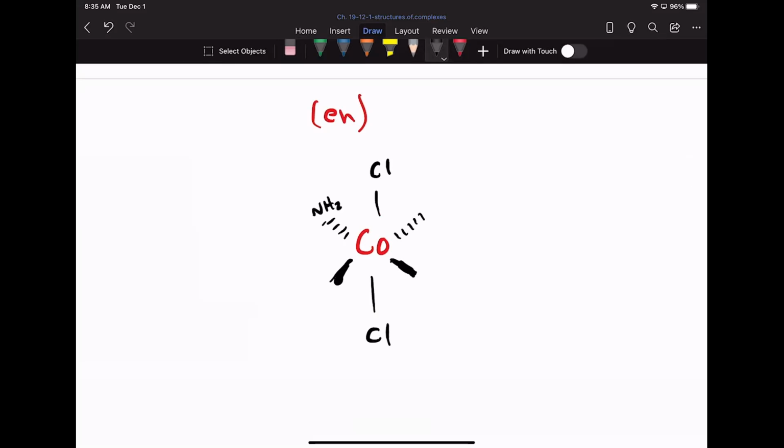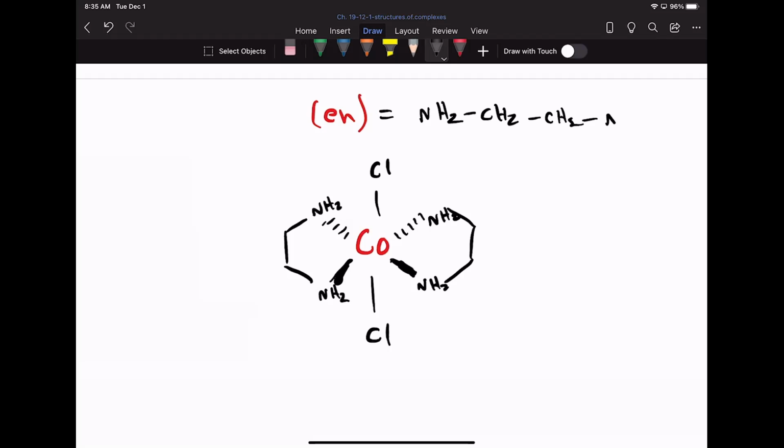So en is NH2, CH2, CH2, and NH2, right? So that's our en, and we can see that here where I've drawn it. NH2, here's CH2, another CH2, and then bonded to NH2.